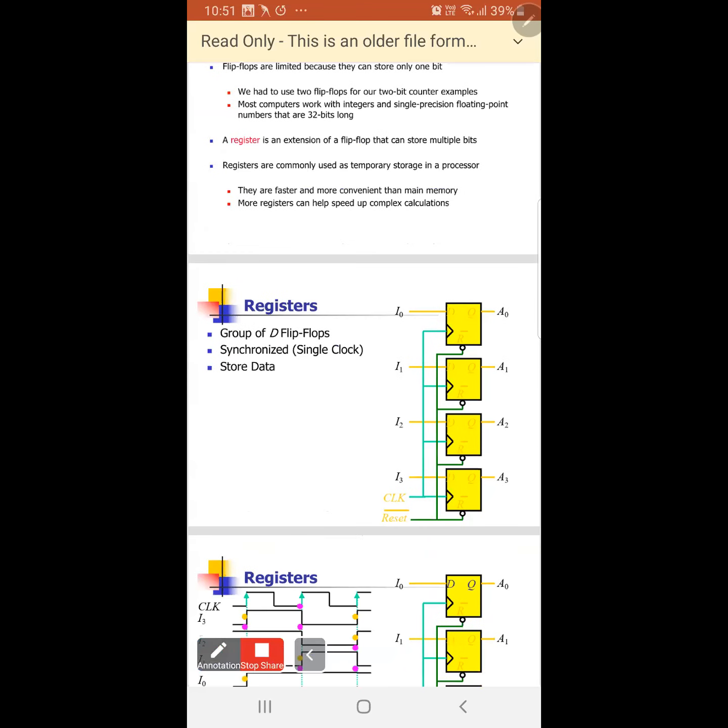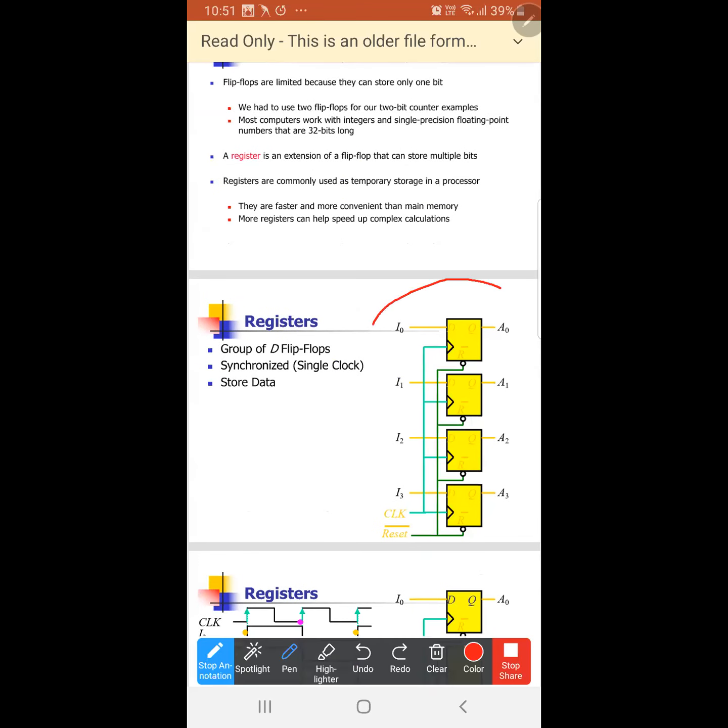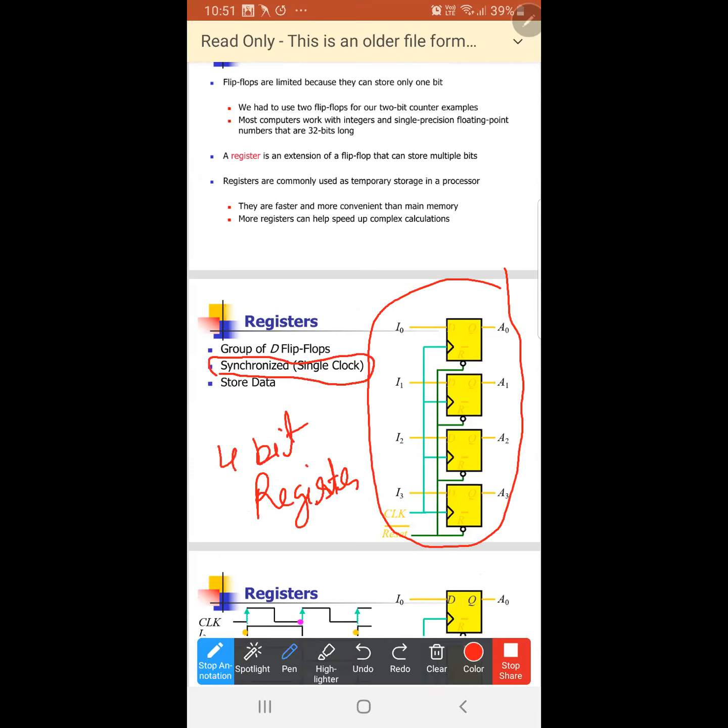Now the next, here. How many flip-flops can you see in this diagram, girls? Four. So this is a 4-bit register. Now, could you tell me whether the clock is the same or different? Same. That's why it is called synchronized, meaning all will work together.